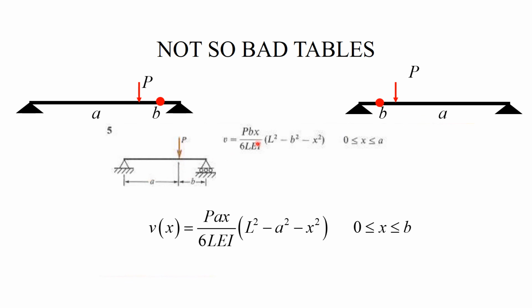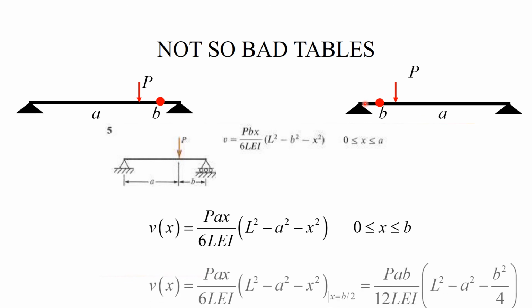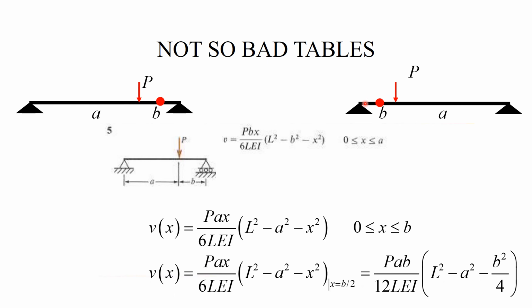So I take this solution and I replace b with a, and a with b. And that's what I have, right? And this solution is valid between 0 and b, or on the left segment of the beam. Now, this solution is ideal for me because all I have to do is evaluate it at x equal to b over 2, and this gives me the desired result.